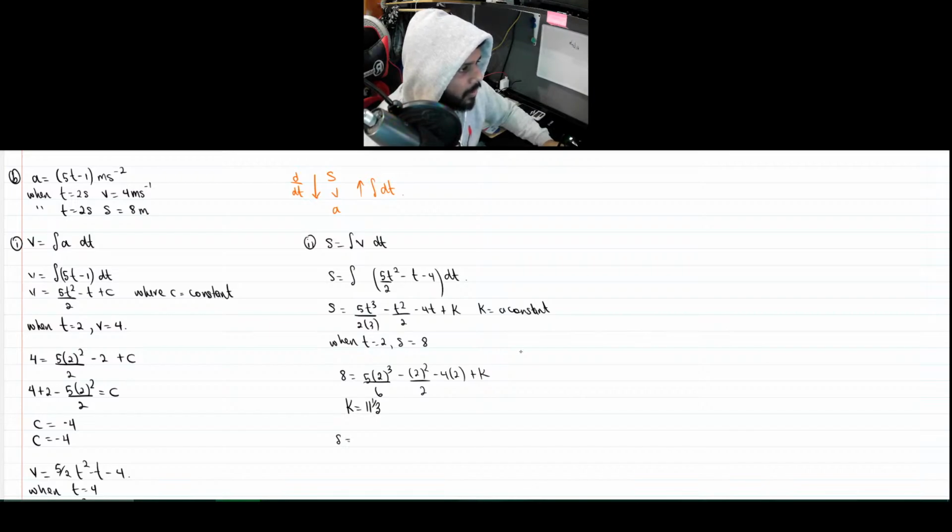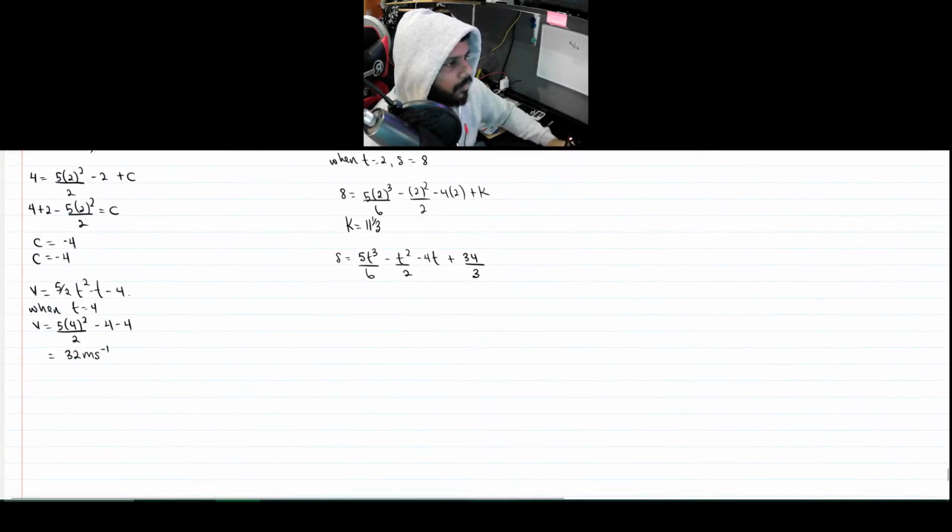So s is equal to 5t cubed over 6 minus t squared over 2 minus 4t plus 11 and a third. We have an improper fraction, so that is 33 and 1 is 34 over 3. Now we can say when t is equal to 3, s is equal to 5 into 3 cubed over 6 minus 3 squared over 2 minus 4 into 3 plus 34 over 3.